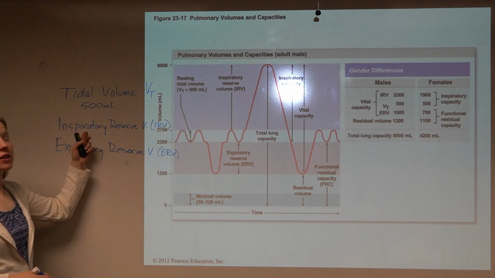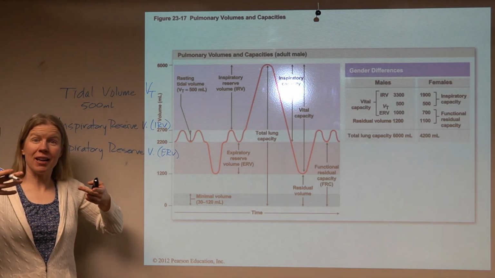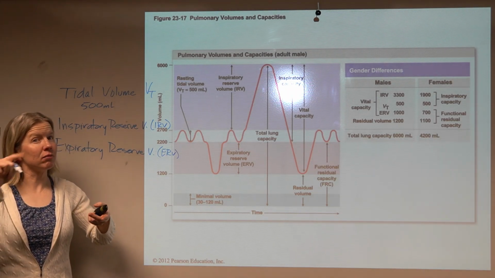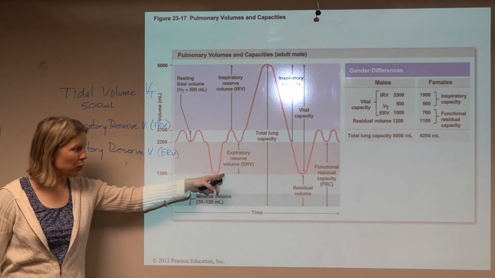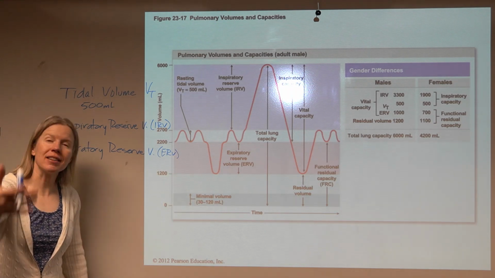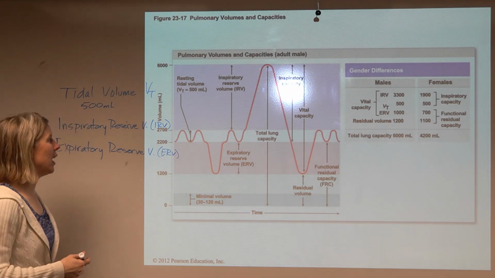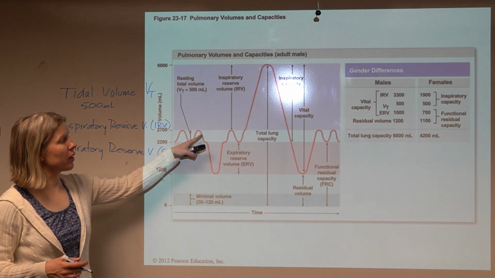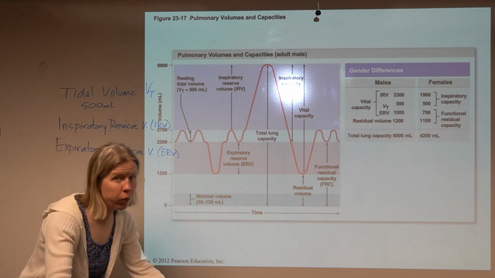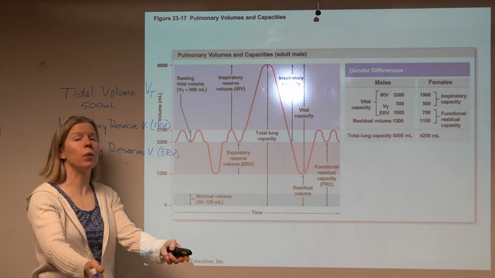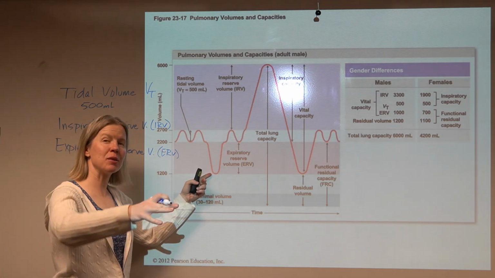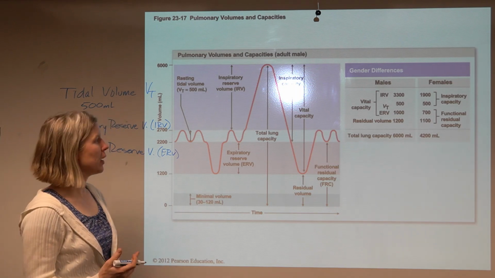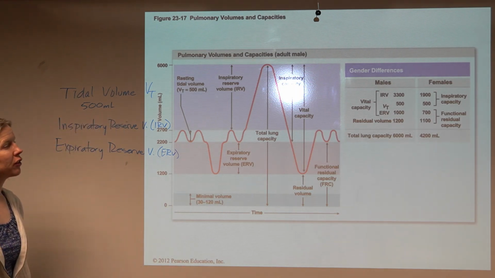So if inspiratory reserve is the amount you can inhale after a normal inhalation, expiratory is that volume you can exhale after a normal exhalation. So breathing in, breathing out, breathing in, breathing out, and then, how much can you possibly exhale? That's expiratory reserve volume.